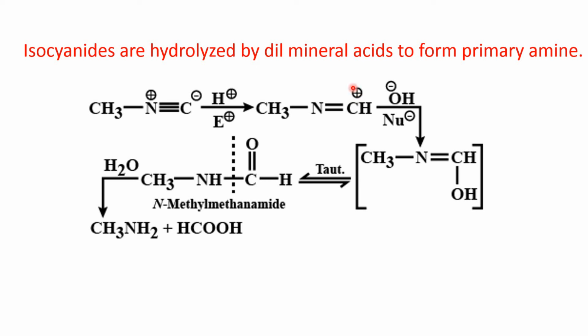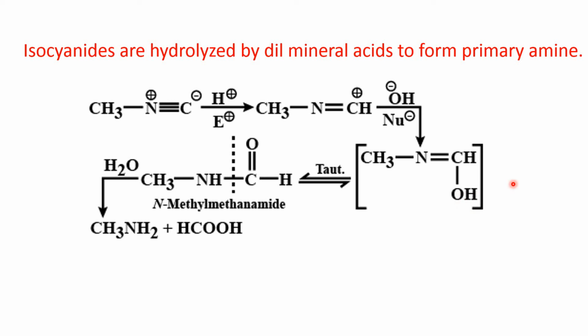Now carbon is positive. Now OH minus from water will attack this positively charged carbon. Then we are getting CH3N, double bond, CH, then OH. Now tautomerism takes place. How? This lone pair will form a double bond here. This bonded electron pair shifts here, and this bonded electron pair shifts to oxygen.